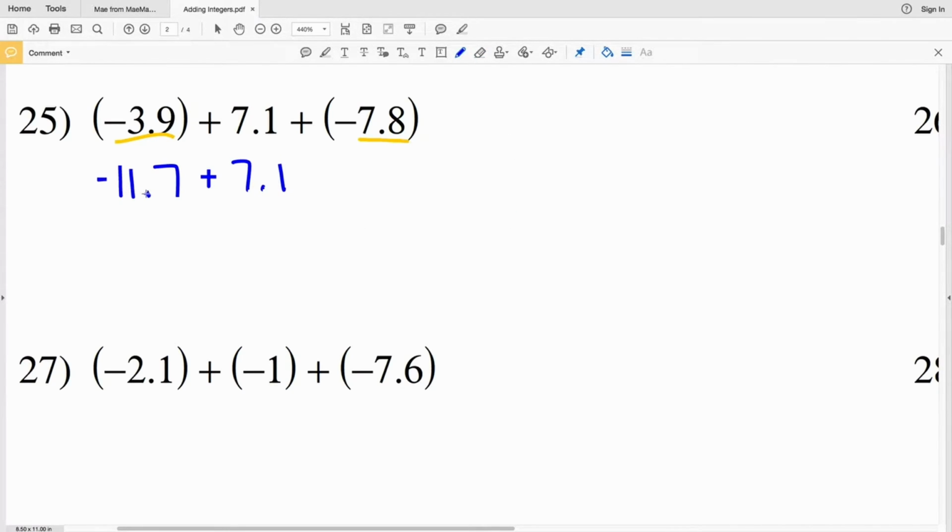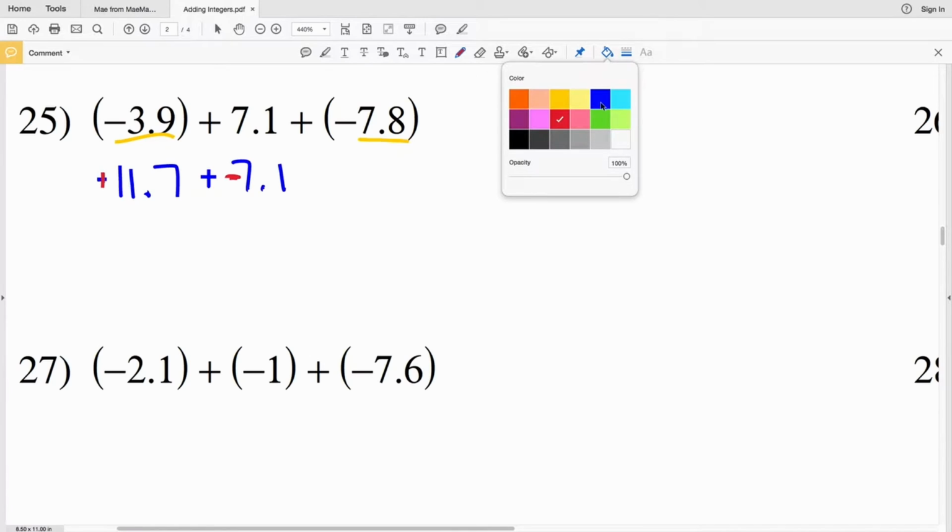So we have a negative 11.7 plus a 7.1. Our negative number has a greater absolute value, so we know the end term is going to be negative, but it's kind of tricky to subtract a larger value from a positive value, so let's switch the signs. Make this a positive, make this a negative, and remember that answer we have to also switch.